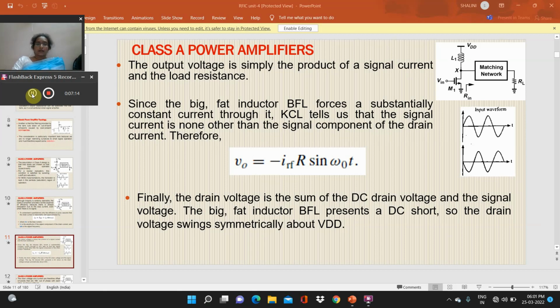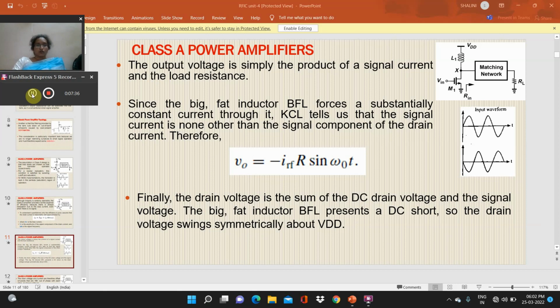Since the big fat inductor BFL forces a substantially constant current through it, KCL tells us that the signal current is none other than the signal component of the drain current. Therefore, V naught is equal to minus IRF R sine omega naught t.